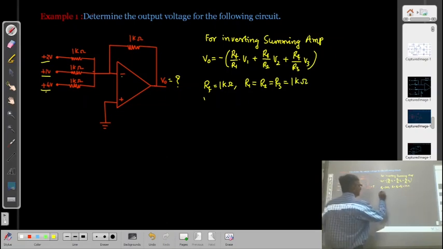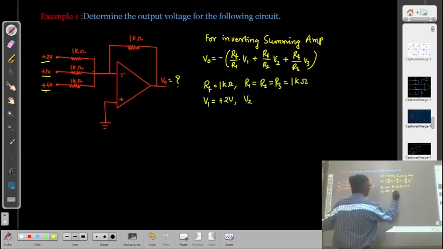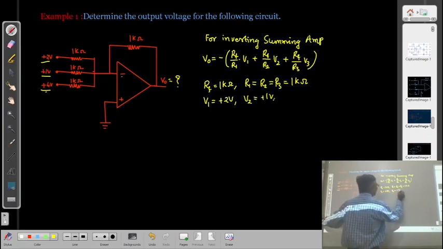V1 is given as plus 2 volt, V2 is given as plus 1 volt, and V3 is plus 4 volt.